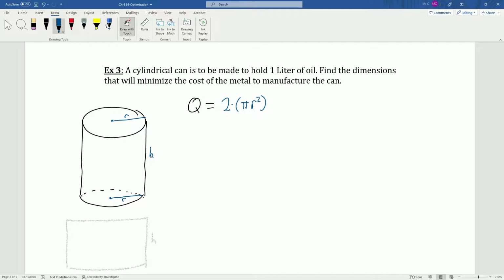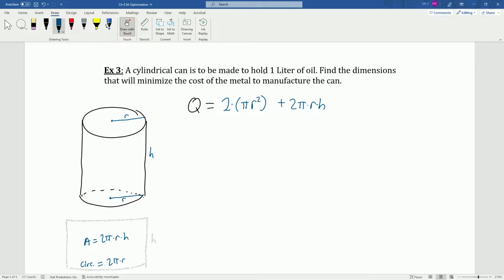It's like we've cut the can and unrolled it and flattened out the side, right? So what is the length here? What's the circumference of the circle, right? If you slice this down the side and you unroll it, this length is the circumference. And the circumference is 2 pi times the radius. So the area of this thing is 2 pi times the radius times the height. So we've got to add 2 pi times the radius times the height.